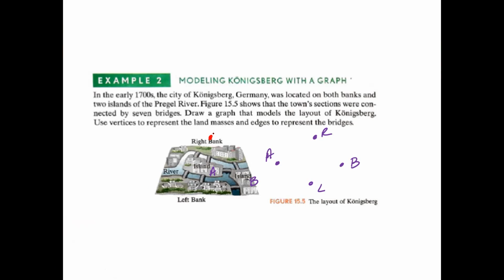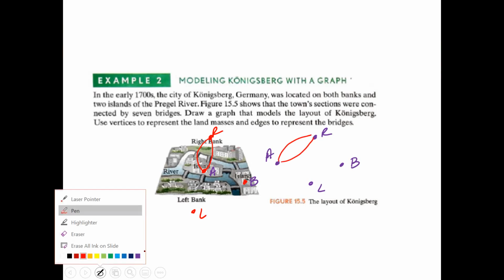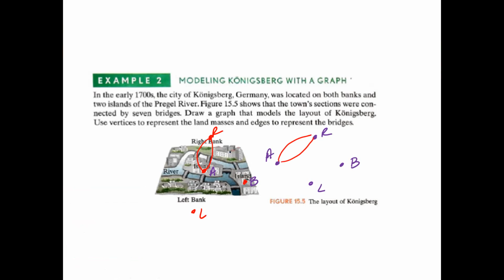So that's R, that's L, there's A, and there's B. If I want to go from R to A, I have two paths, 1, 2, 1, 2. If I want to go from R to B, I have 1. If I want to go from B to L, I only have 1 right here.